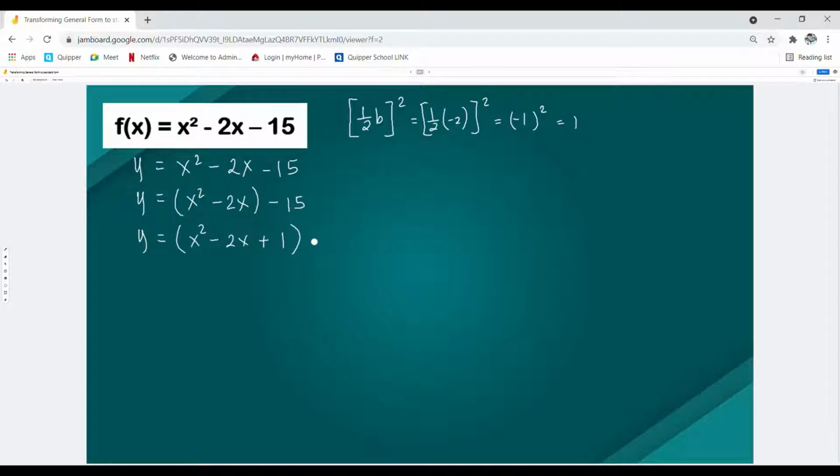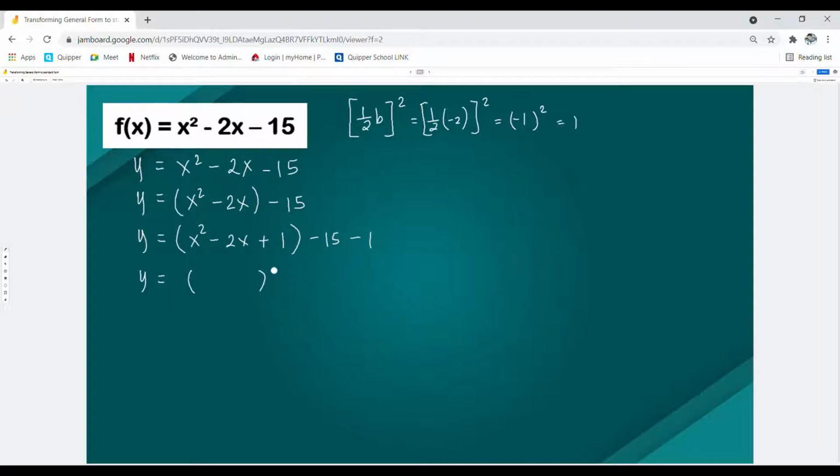And then minus 15, and what you add here is what you subtract also after the constant, to conserve the equation. And what's next? This is already a PST. You can write that in terms of a square binomial. How to write the square of the binomial from that PST?